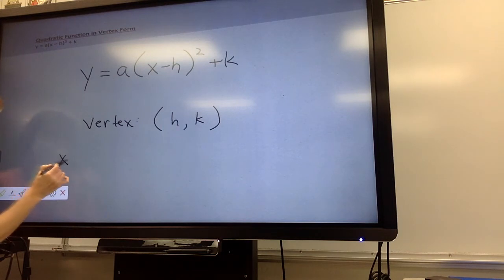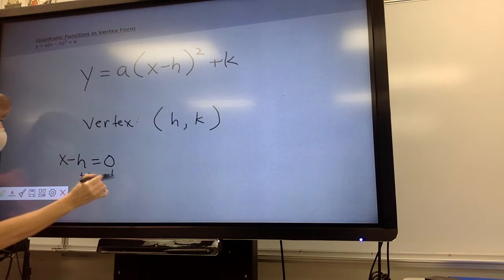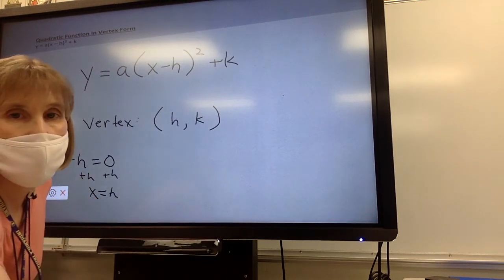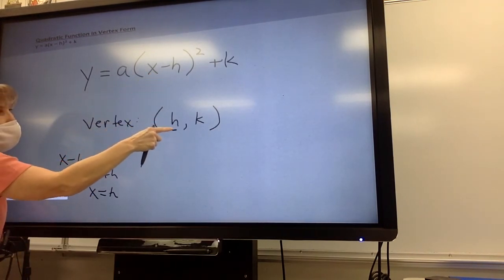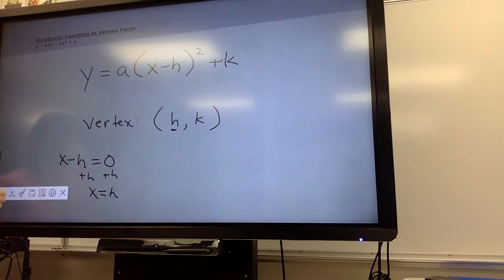If I take x minus h and set it equal to 0, how would I solve that for x? I would have to add h to the other side, so I'd get x equals h. So the x value I'm using for the coordinate of my vertex is the h.